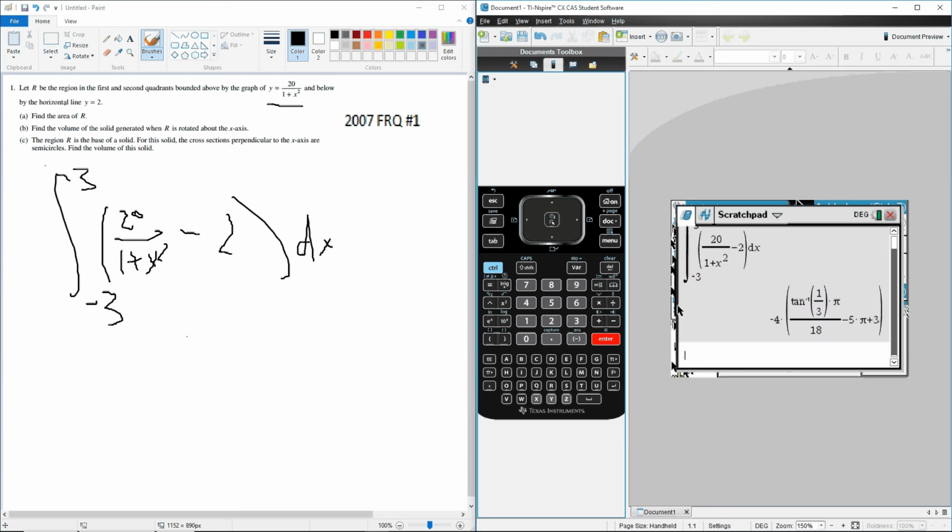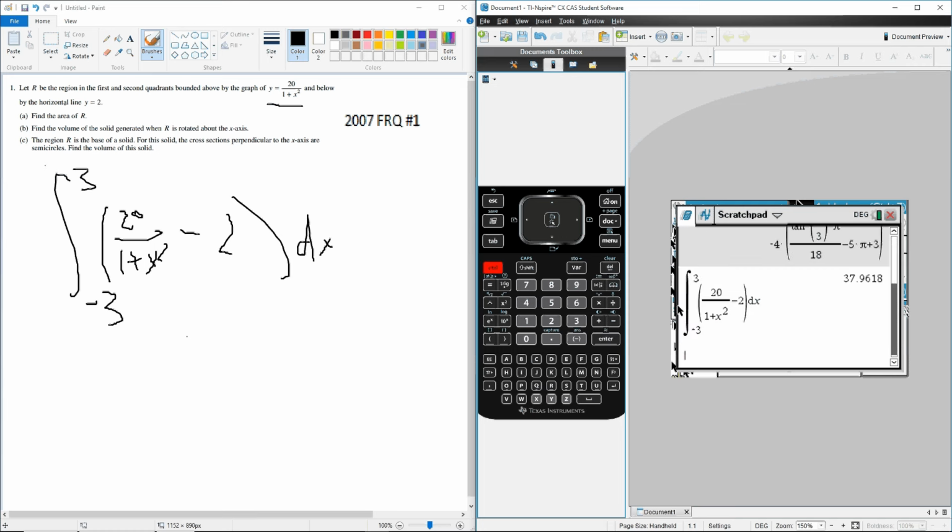The calculator is going to give us an exact solution, but we don't want that. We want this. So this integral is equal to 37.961 or 962. It doesn't really matter. So that's going to be the solution for part A.